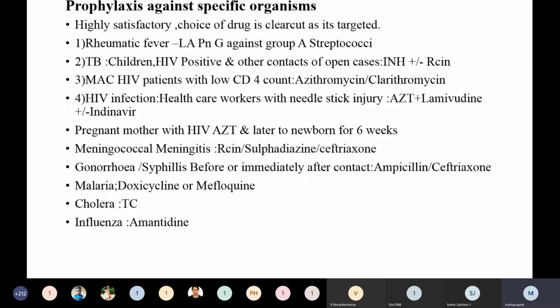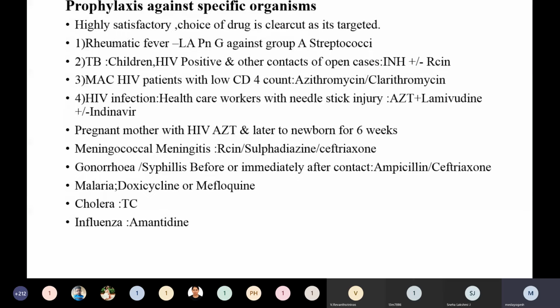Now, healthcare workers, if they come across a needle stick injury while handling any case of HIV, should be treated with zidovudine and lamivudine plus or minus indinavir. If a pregnant woman is HIV positive, we have to treat her with zidovudine.